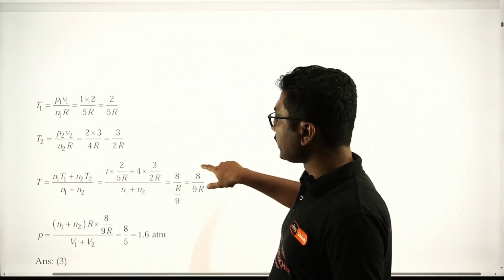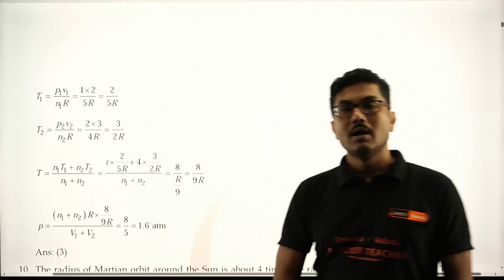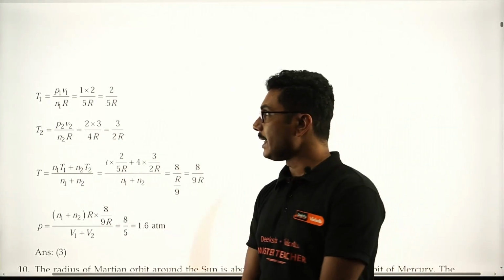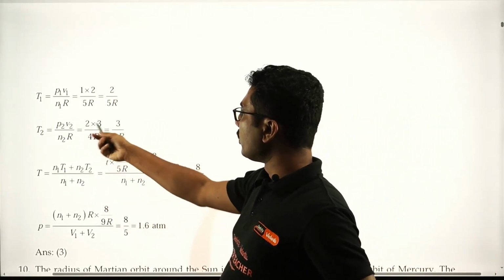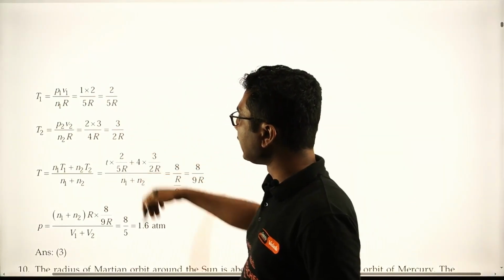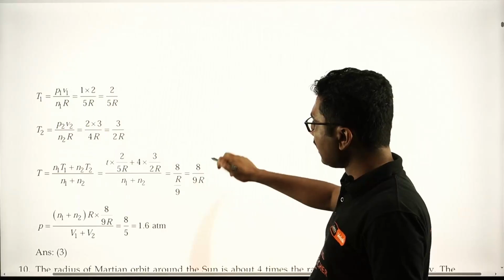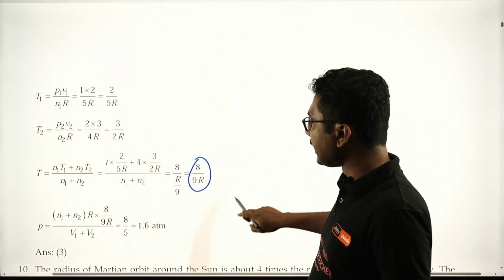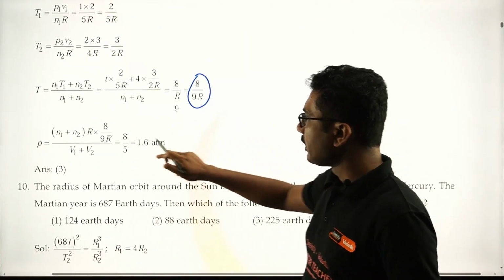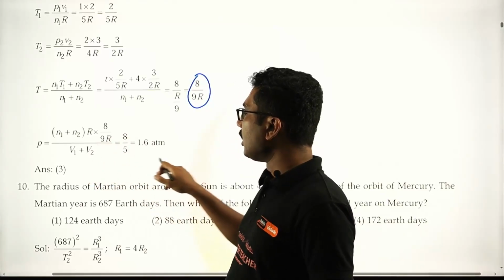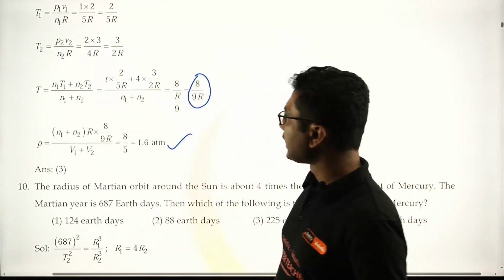So first you have to calculate T1 from the given information, P1 V1 by nR, and T2 also. Once you have calculated the temperatures, you put them back in the equation and calculate the total temperature, that is 8 by 9 R, and then you put the value of this into the pressure equation, so you get 1.6 atmospheric pressure.